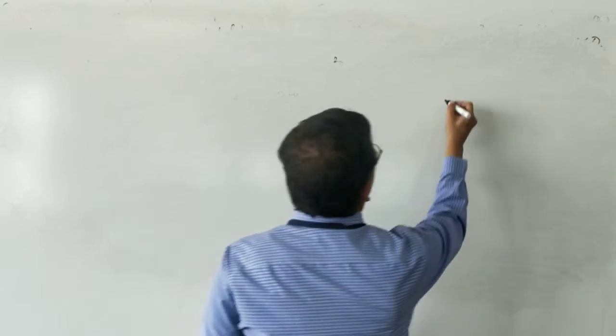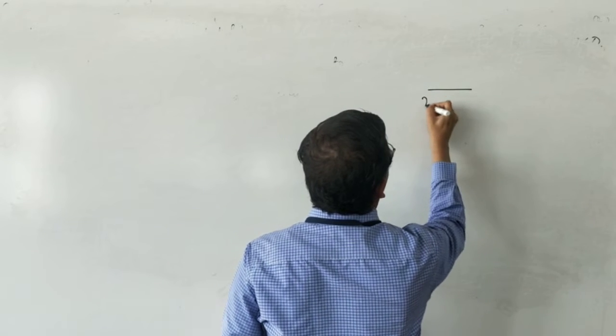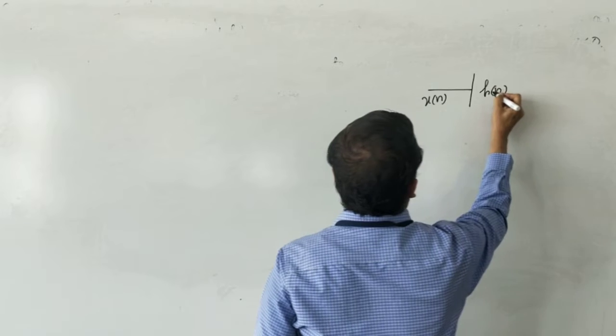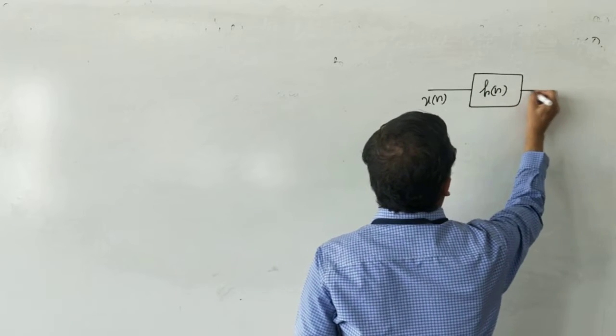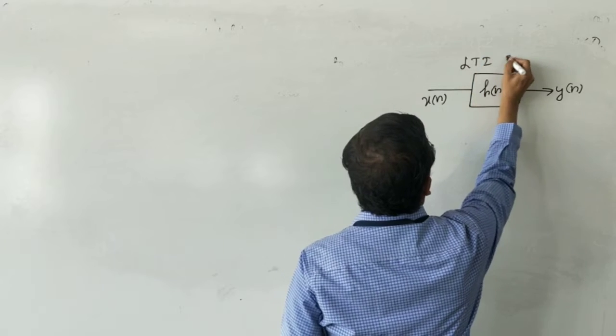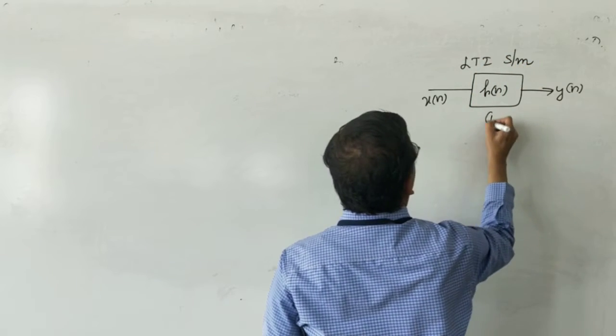Let us consider an LTI system having input x of n, impulse response h of n, output y of n. This is an LTI system which I call as figure 1.